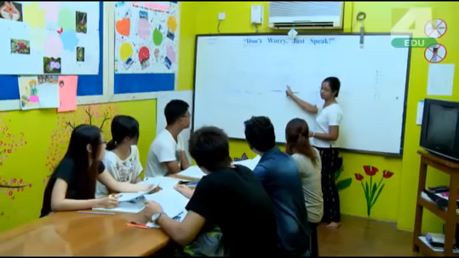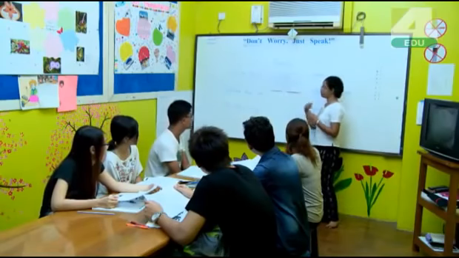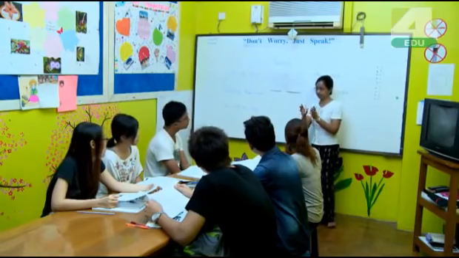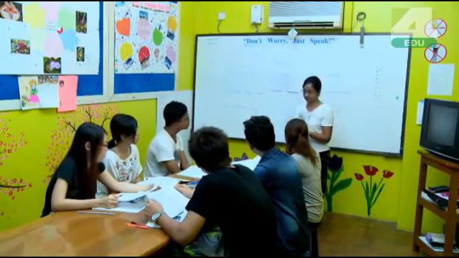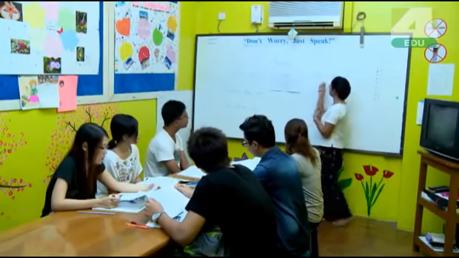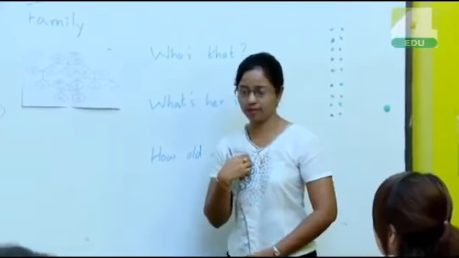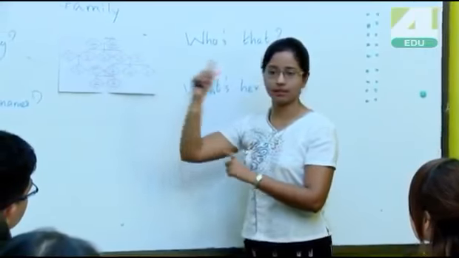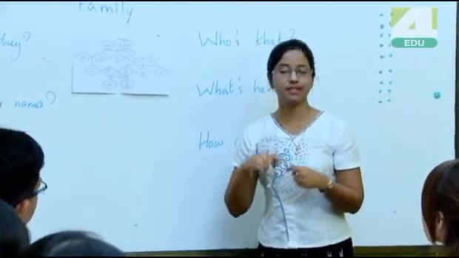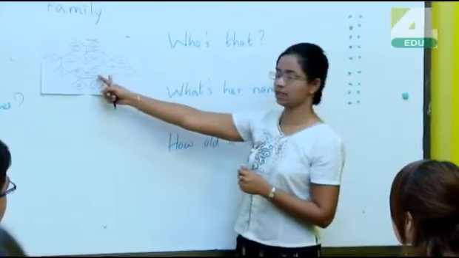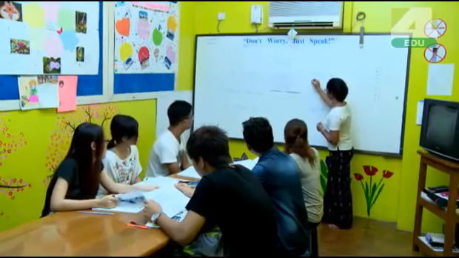That's Steve's sister. Okay, so now teacher wants you to feel like now you are Steve. Now you are Steve. Okay, so when I ask about those questions, please try to answer. Yeah, because now this is Steve's family, your family. Please feel like that. Okay, so now let me ask you again, who's that? My sister.